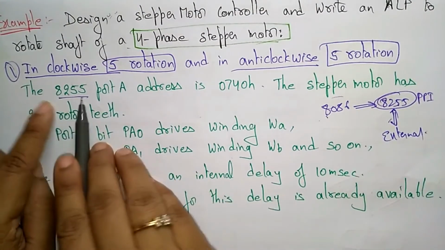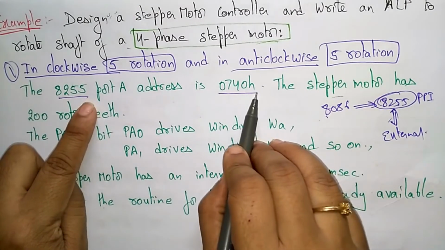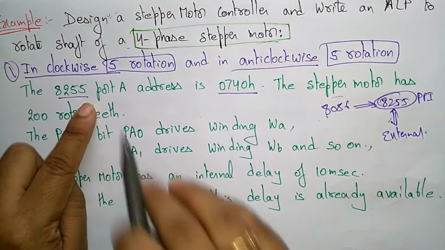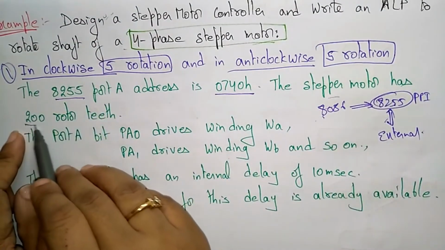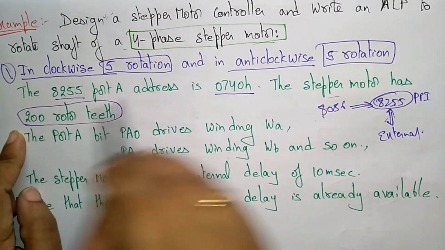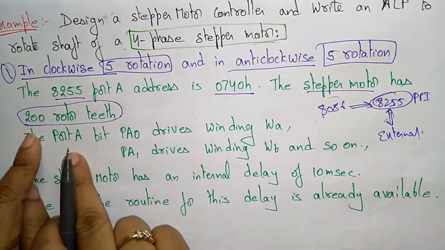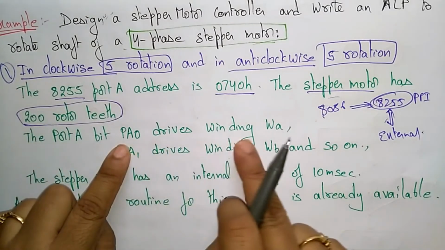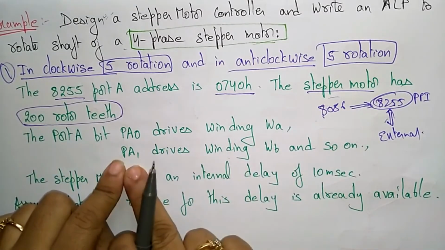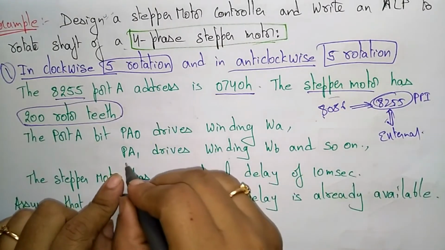Here the port A address of the 8255 is 0740, meaning the data will be taken to this port A, and the stepper motor has a total of 200 rotor teeth. The port A bit PA0 drives winding WA and PA1 drives winding WB, and so on up to PA7.